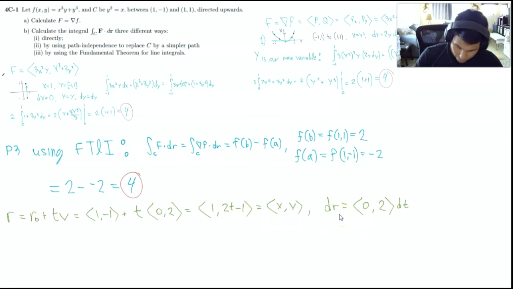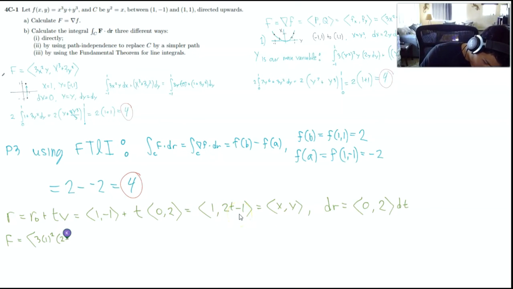Okay. And let's write f as a function of t now. So f, we said, was equal to this. And f is 3x squared y. So if x is 1, it's 3 times 1 squared, and y is 2t minus 1. Okay.